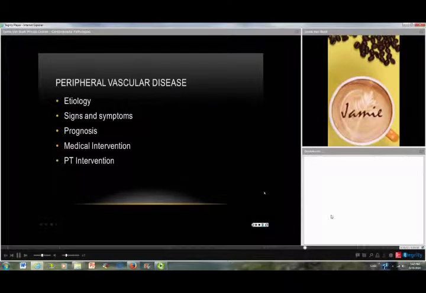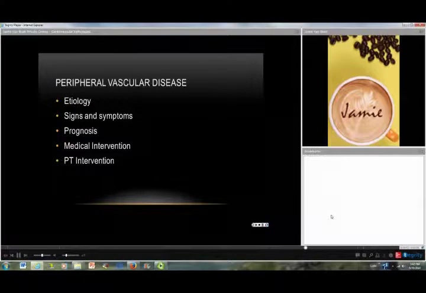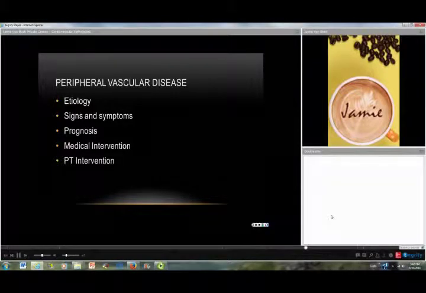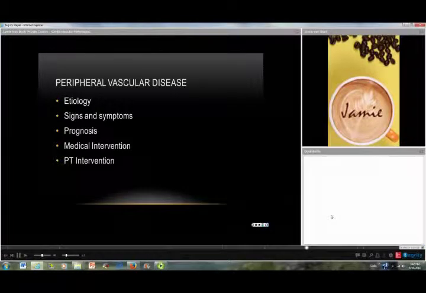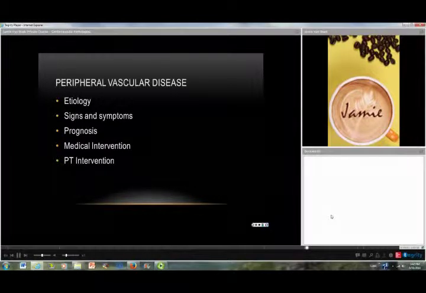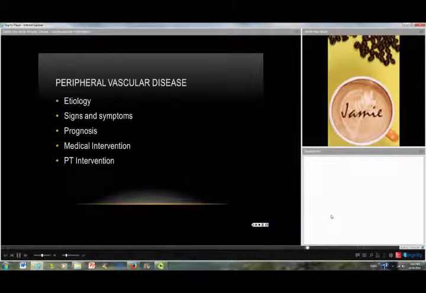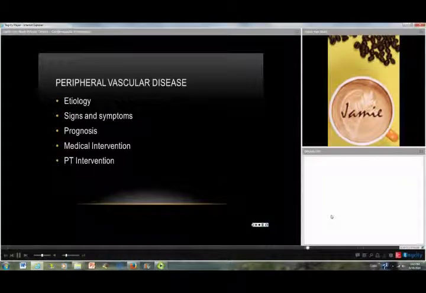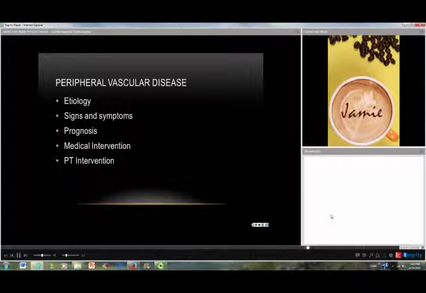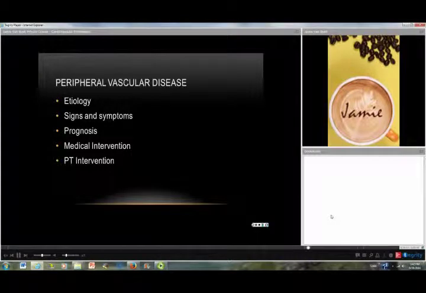Okay, the next one we're going to talk about is peripheral vascular disease. According to your book, peripheral vascular disease refers to any abnormality in the arteries or veins outside of the heart. So these are basically atherosclerosis, so plaque that gets laid down in the arteries.